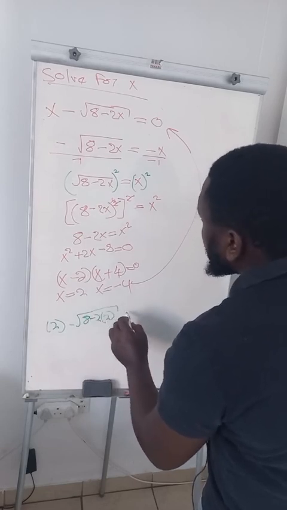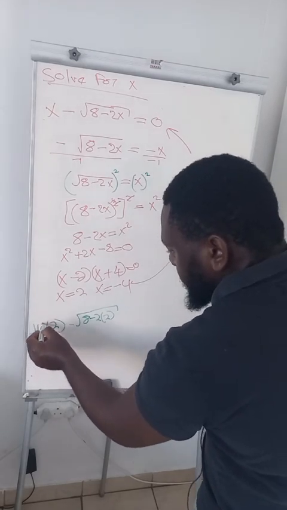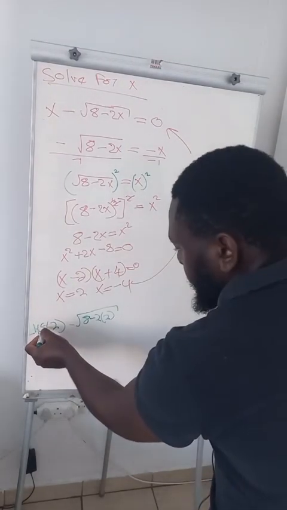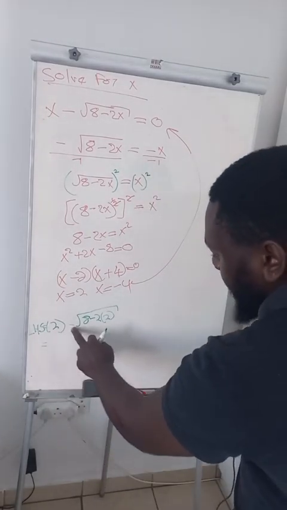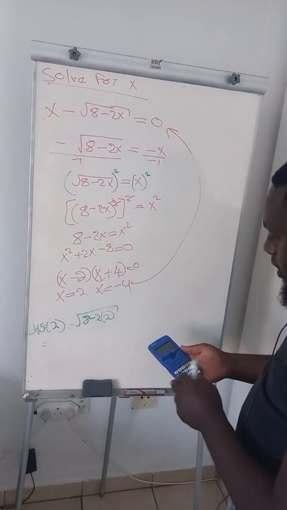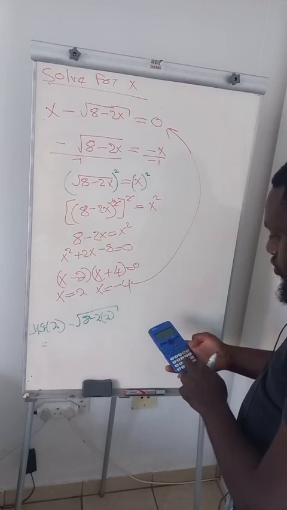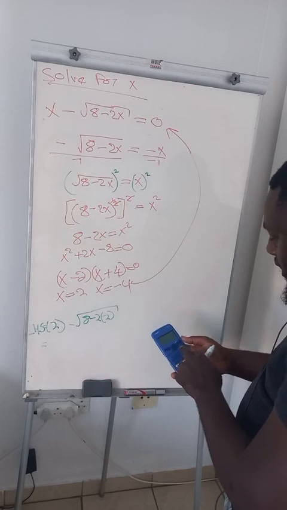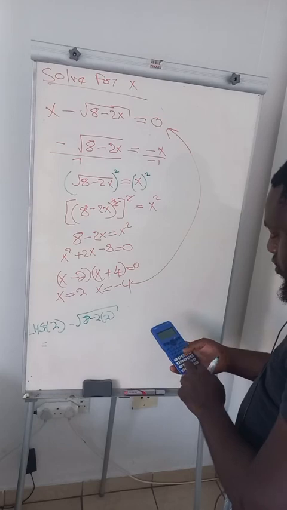This is the left hand side. The left hand side will give me 2 minus the square root of 8 minus 2 into 2.